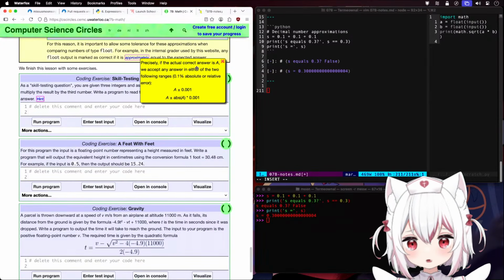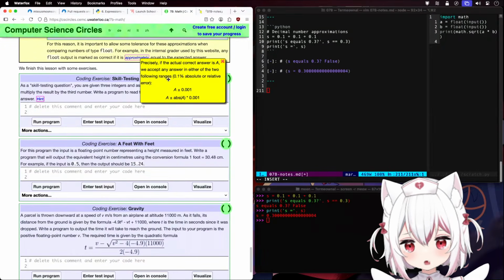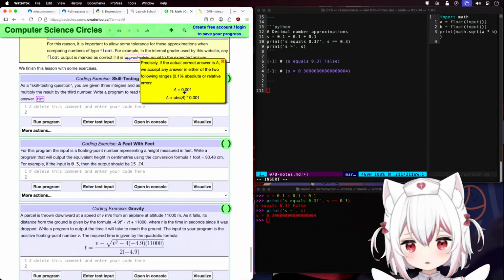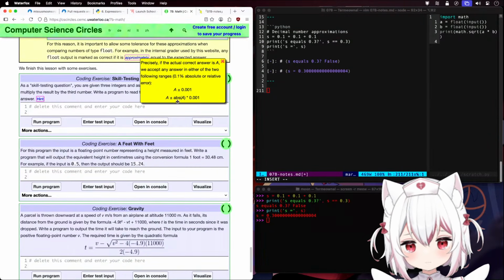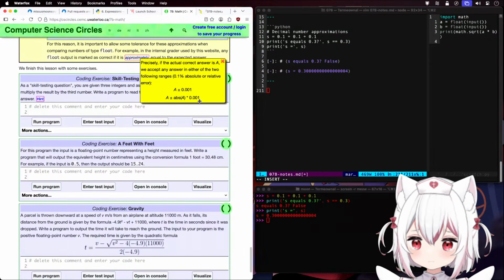If the actual correct answer is A, we accept any answer in either of the two following ranges: 0.1% absolute or relative error. So A plus or minus 0.001, A plus or minus the absolute value of A times 0.001.